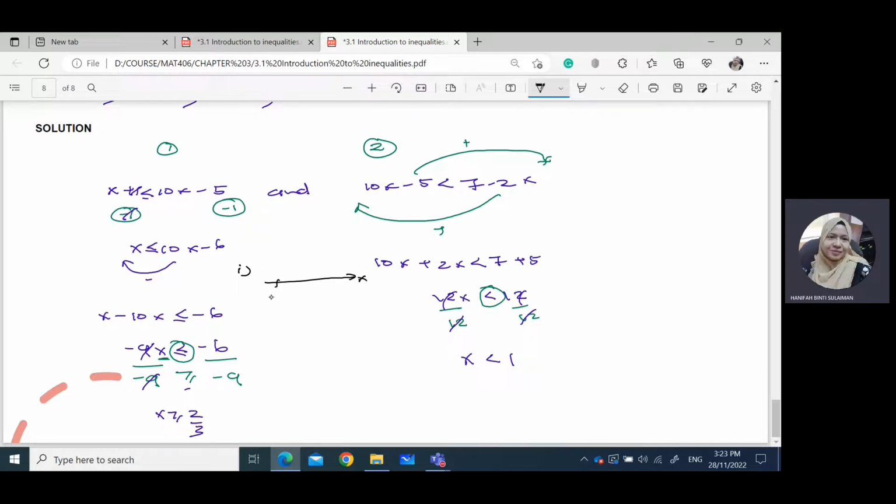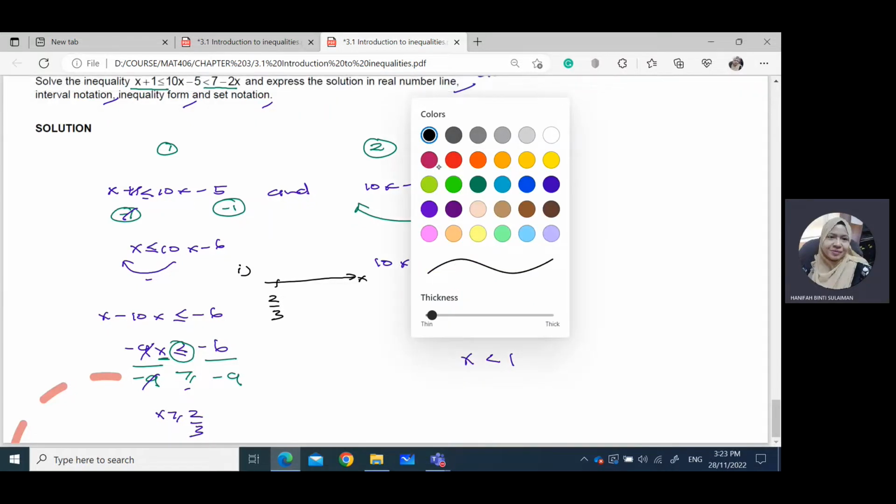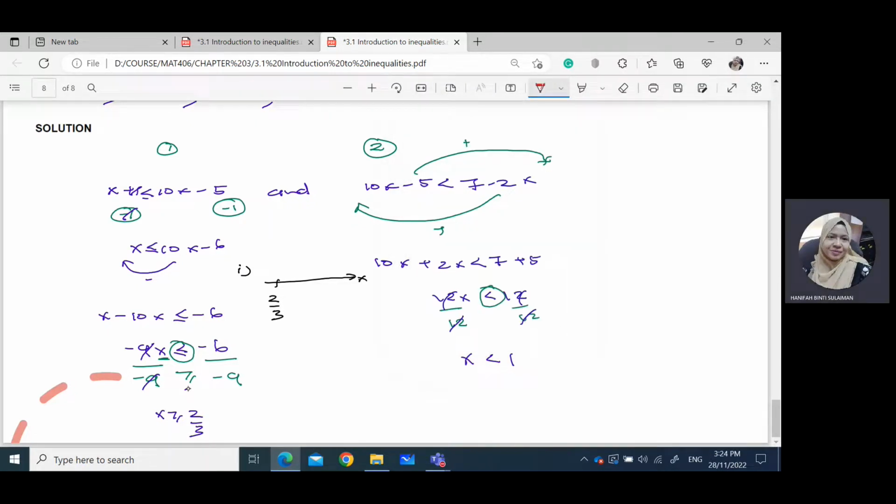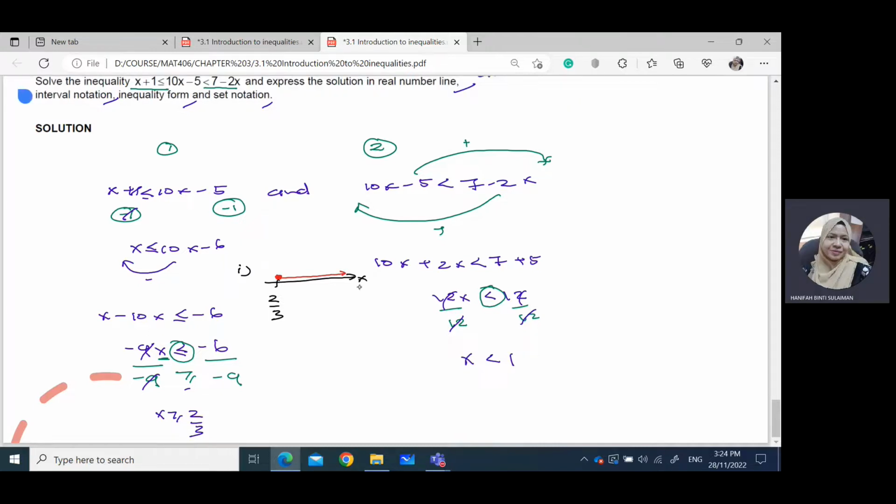So katakan kat sini adalah 2/3. Bila x is greater than or equal to 2/3, maksudnya number line dia akan bergerak ke kanan. Ke kanan is a positive infinity. Okay, so this one is about x greater than or equal to 2/3.